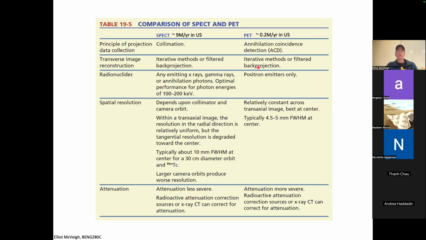Both imaging methods, previous to deep learning taking over medical image reconstruction, in both cases the reconstruction eventually moved towards an iterative reconstruction technique. It wasn't just a simple back projection technique.